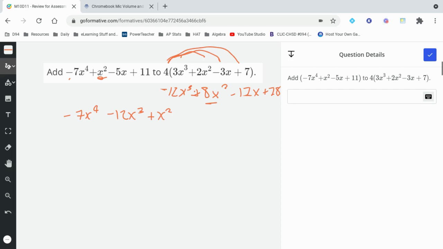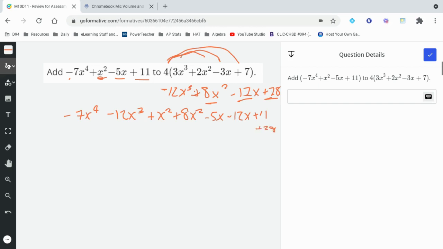And I've got x squared over here, so I'm going to put those together as like terms. I have minus 5x here, so that goes along with the minus 12x. And then I've got the plus 11 and plus 28.